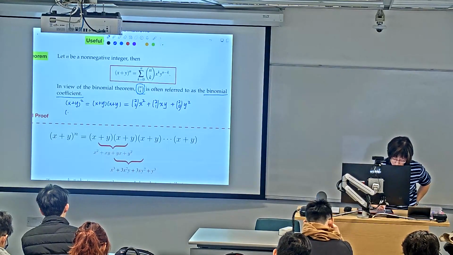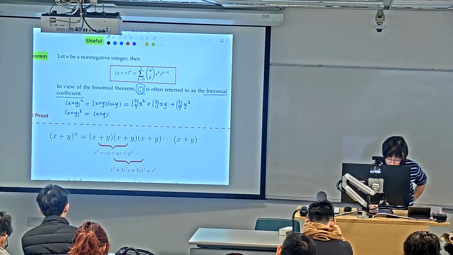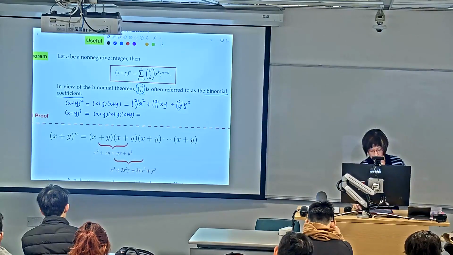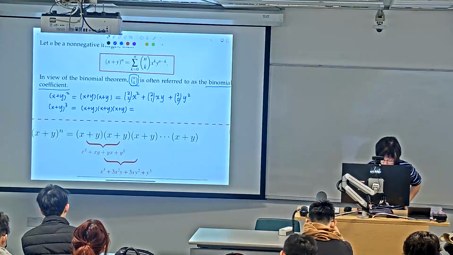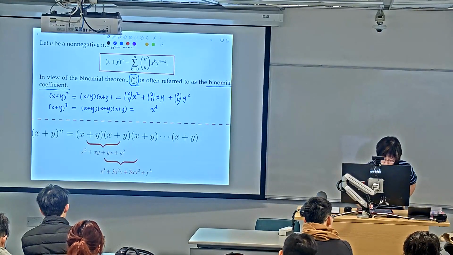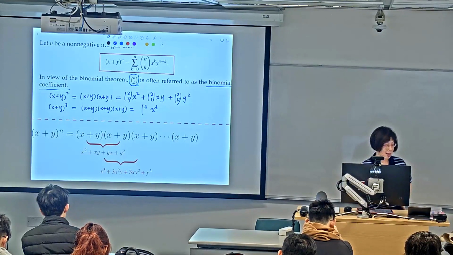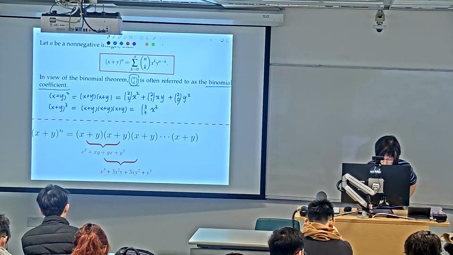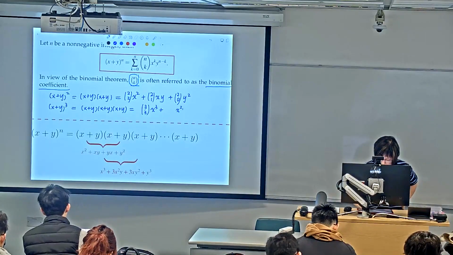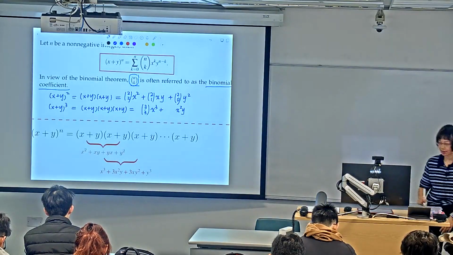So similarly, we have (x plus y) cubed. This is the product of three brackets. And similarly, you will see the summand x cubed if all three brackets contribute x. So the number of cases is: you have three brackets, choose all of them to contribute x in their expansion. And we can also have x squared times y. This means we choose two brackets to contribute the x term.